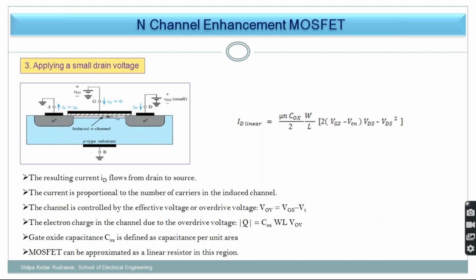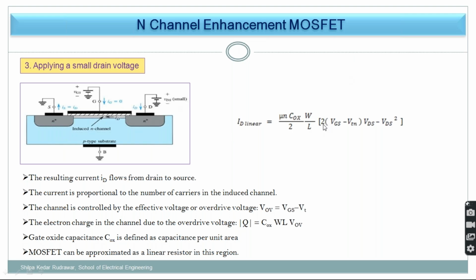So just remember, the drain current in the linear region is equal to mu n. What is mu n? Mobility of electrons. Because I have written suffix n over here, meaning this is the n channel, so here the mobility of electrons is considered. COX is what? Oxide capacitor. W by L ratio, that is width and length. VGS, now as you know, this current ID depends upon VGS and also VDS.